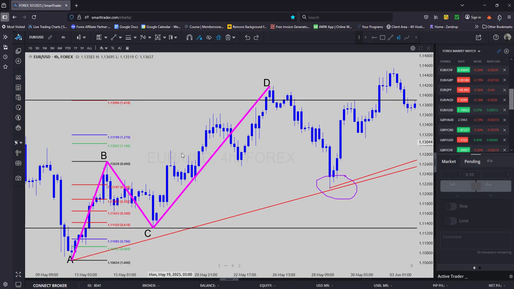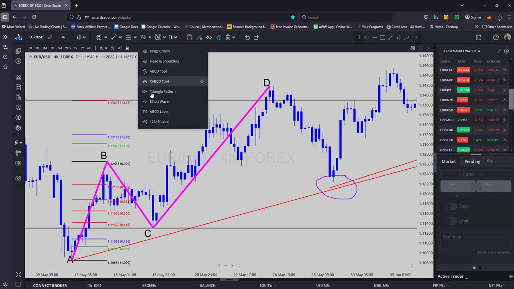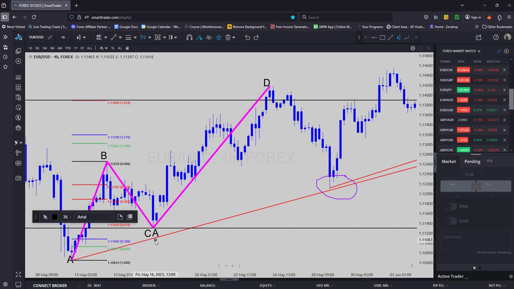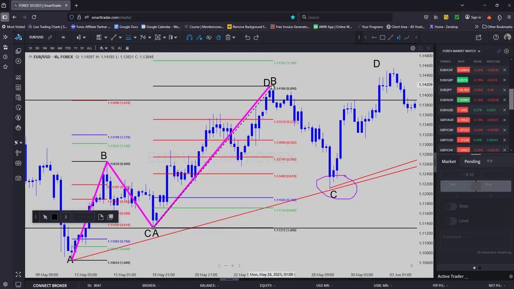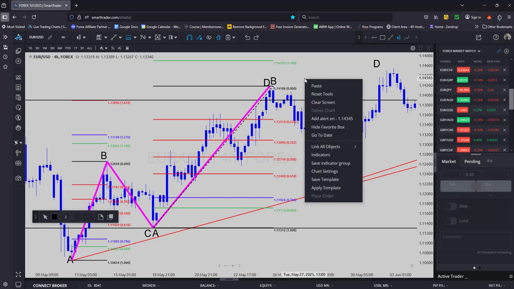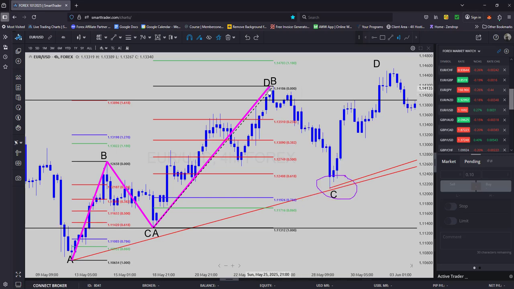Now, our C becomes our A, our D becomes our B. We're looking for a new C and a new D. Gonna spread our new fibs from our A to our B. And then you move your lines up again.